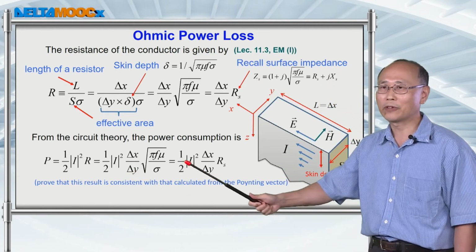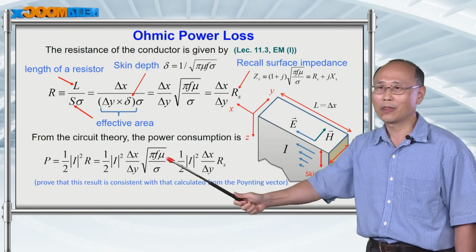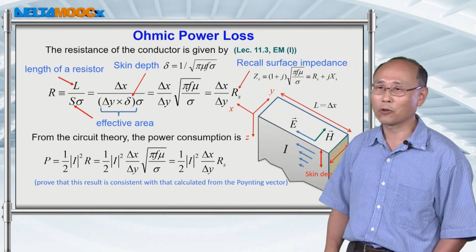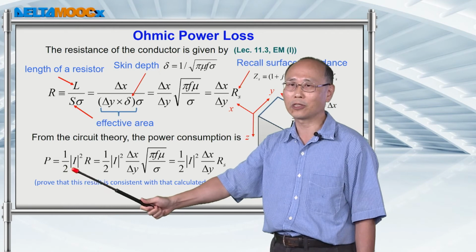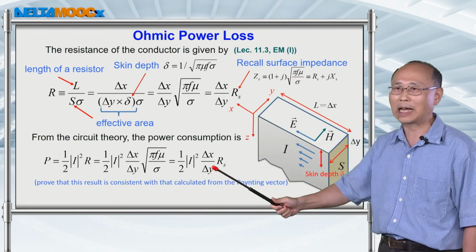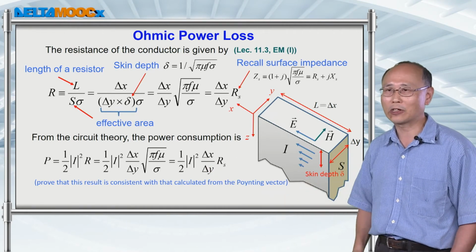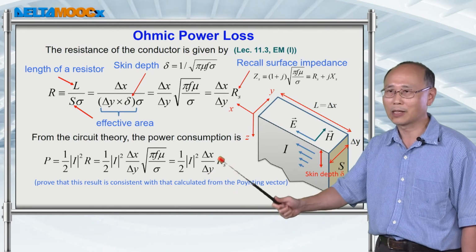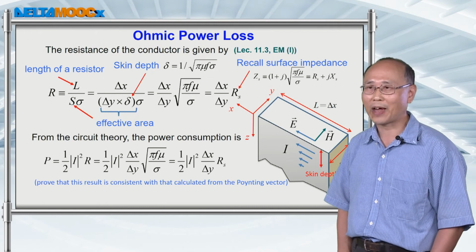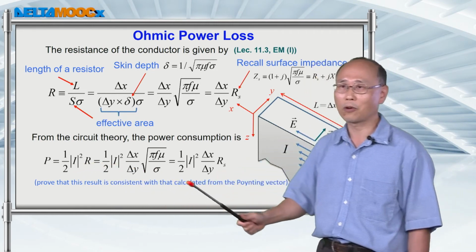And the reason I give you this expression is that we did the calculation on this page by using a well-known circuit theory, which is 1/2 of I squared R. But in fact, I leave it as an exercise to you. You can also do the same calculation and get the same result by using the Poynting vector approach. So the Poynting vector approach will converge to this circuit theory very well.